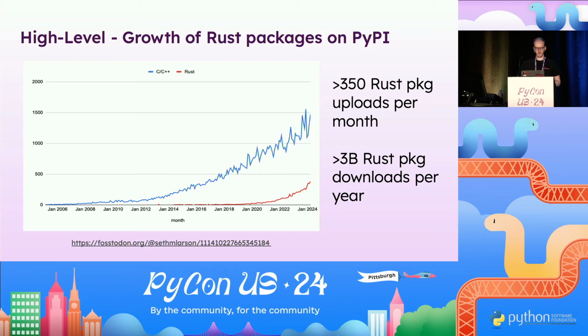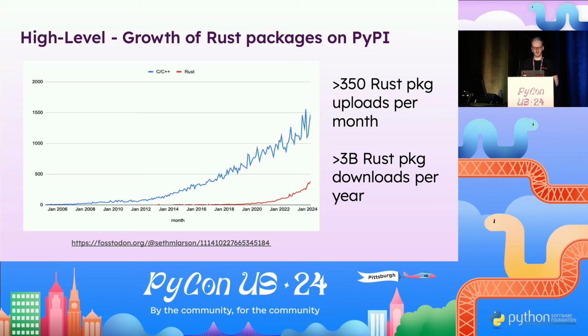And I reran the numbers recently, and what we have in this graph here is, for every month since around 2005, the number of different projects in that month that uploaded a certain language to PyPI. And we've just got 2 lines here. The blue line is C and C++, and the red line is Rust. And it's no surprise that the blue line extends out into the far history. And Rust first appeared on the scene somewhere around 2014, 2015. And so that's where the red line starts growing from.